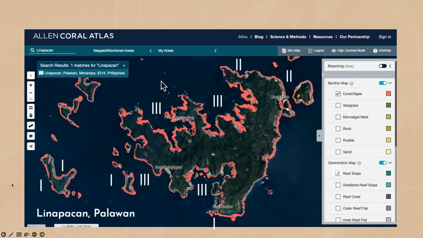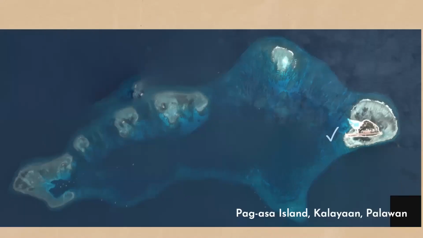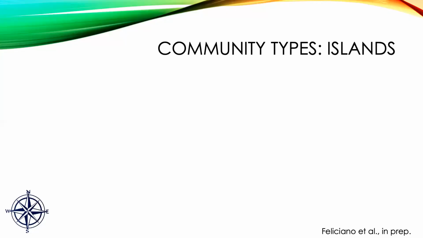Okay. Because in reefs like this, facing the habagat, you will likely see type 1. In embayments and areas protected from both monsoons, you should expect type 3. And the places that face the Amihan, you should expect the type 2. And why do you need to do that? Okay, let me show you why.